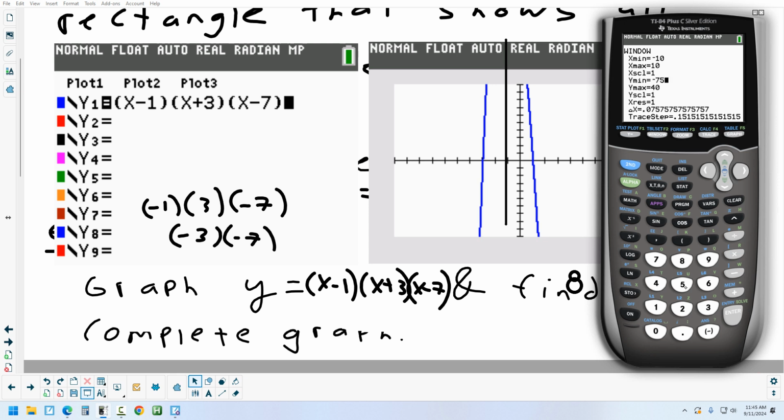We kind of have some evidence that suggests these values are going to be fine. And I'm not going to have to keep doing this and guessing over and over and over. So type that in for your window, hit graph, and now let's see if we can see where it turns. Perfect. Good. That's a good graph. If what you were looking for is if you could see the turns.